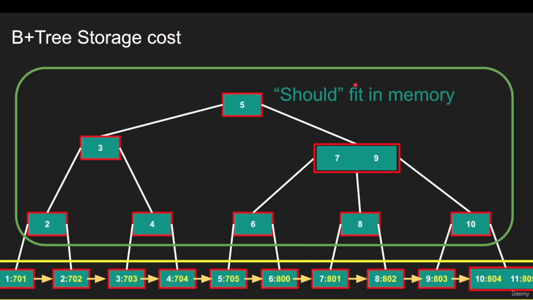I said "should" between quotes here, but it doesn't have to. The B-tree index works best when it's in memory, right? So when you load up your database, let's say you have a table with 5 indexes, you can try to put all the indexes in memory, and you can check the sizes of the indexes by doing a query on the database and see, can I fit this entire index in memory?